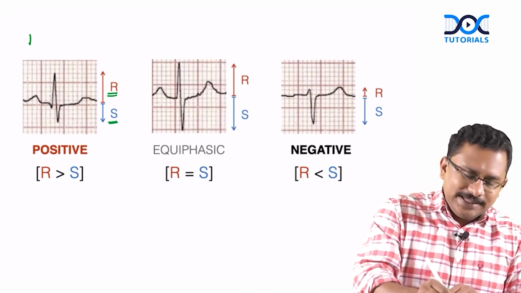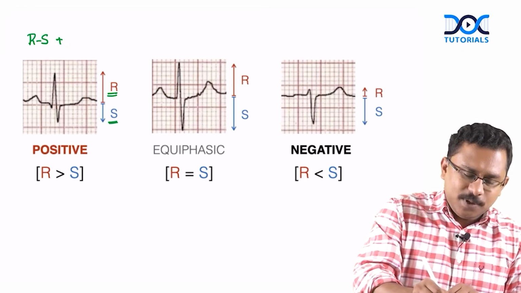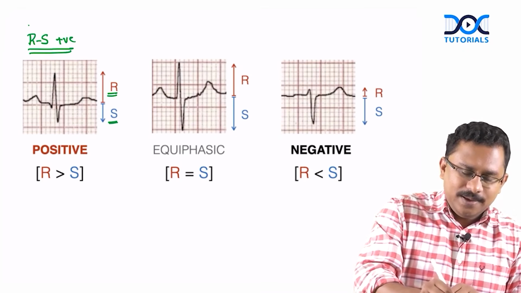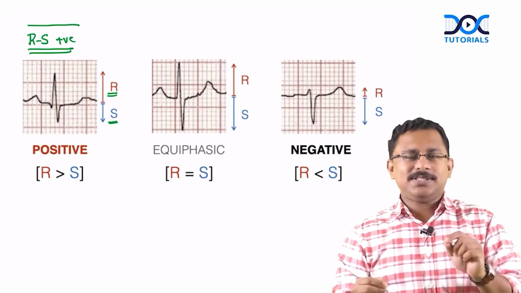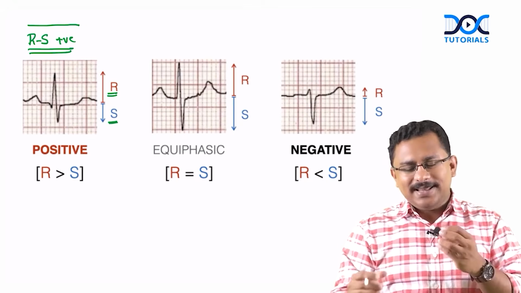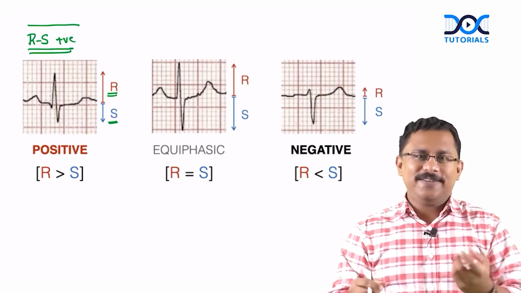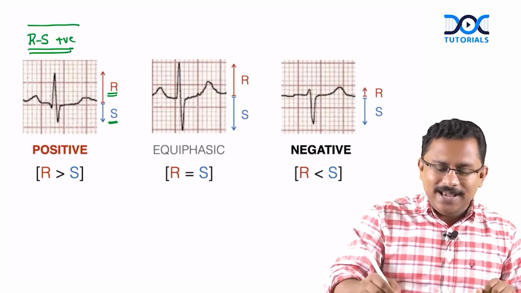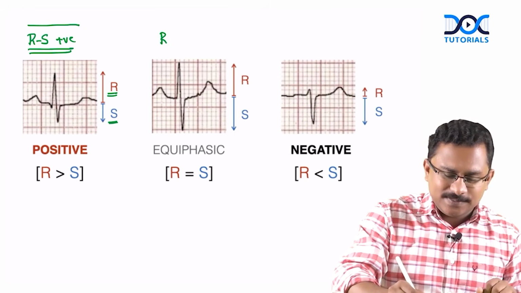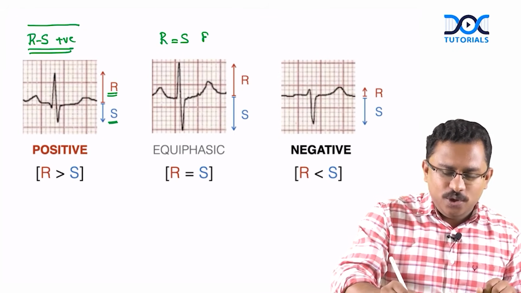When R minus S is positive, you say that there is a positive deflection. When R is equal to S, you can call it equiphasic.